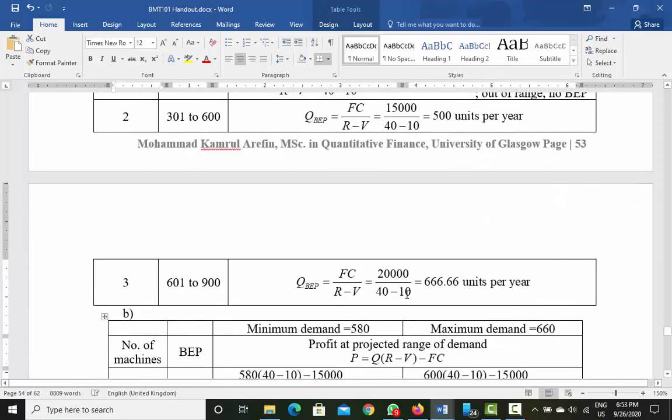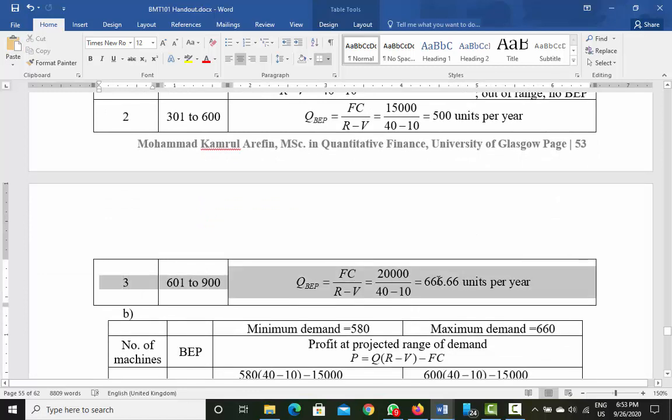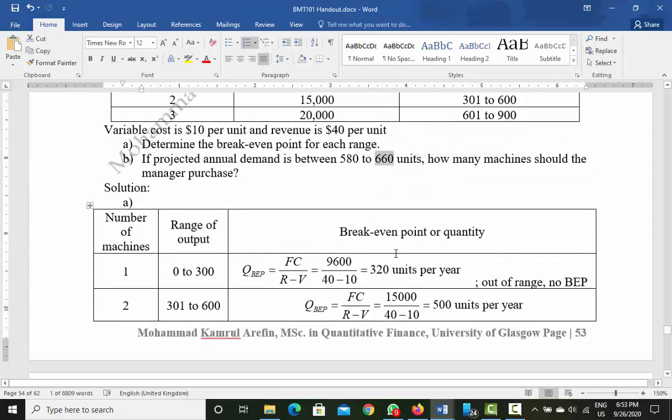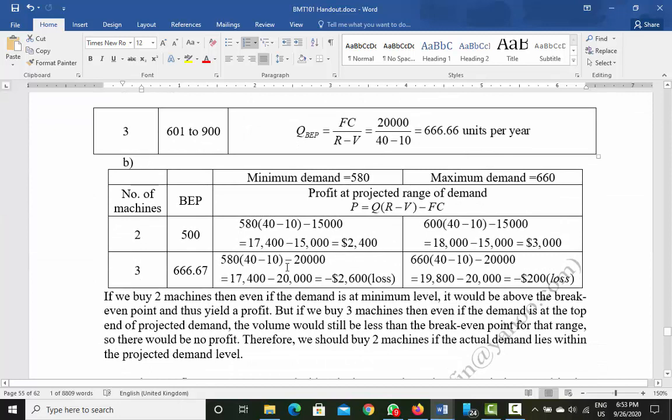So to make a profit from 3 machines, he needs to sell more than 666 units. But the maximum demand is only 660 units. So he will never be able to make a profit if he buys 3 machines.